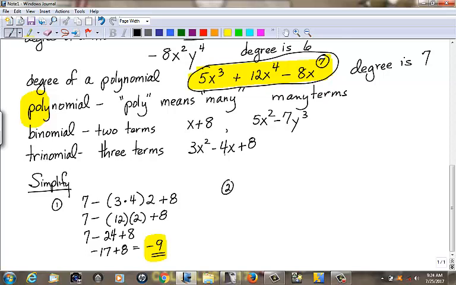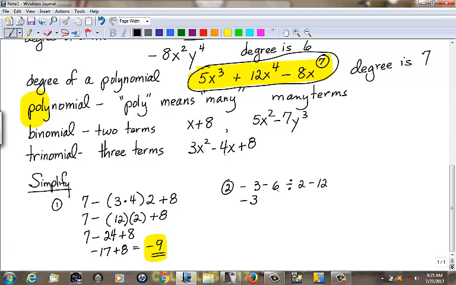Okay. Another example. Say you have negative 3 minus 6 divided by 2 minus 12. Simplify that expression. Okay, so first you go through and do any multiplications or divisions from left to right.